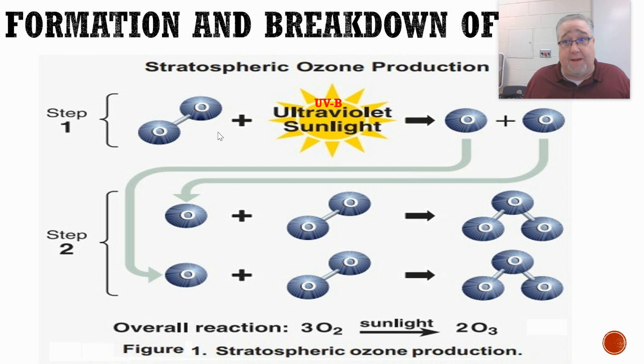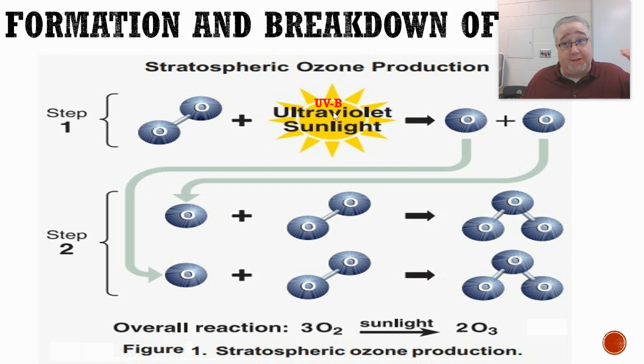And this really is a simple diagram if you think about it. So we'll start here on the left. Here we have an oxygen molecule, right? This is O2. There's plenty of O2 in our atmosphere, troposphere, stratosphere, it's all over the place. But O2 actually can react with ultraviolet radiation, especially UVB radiation.